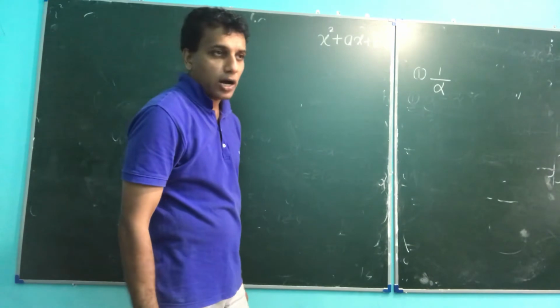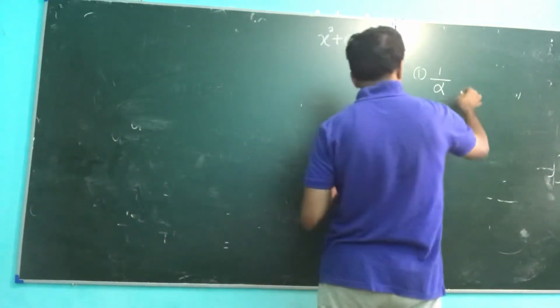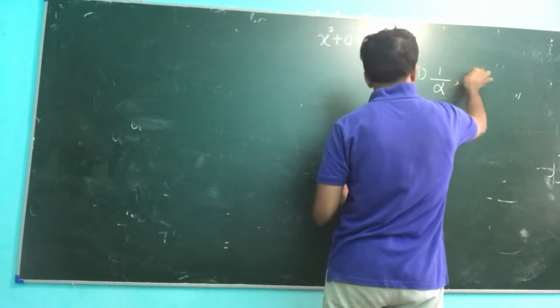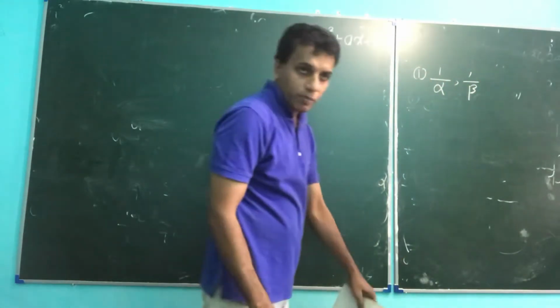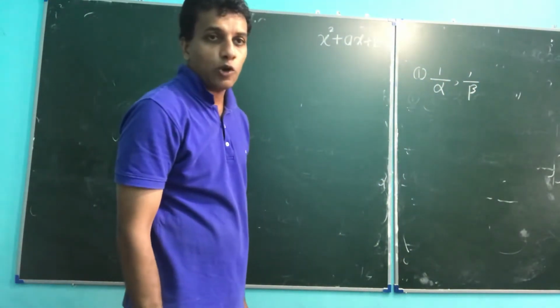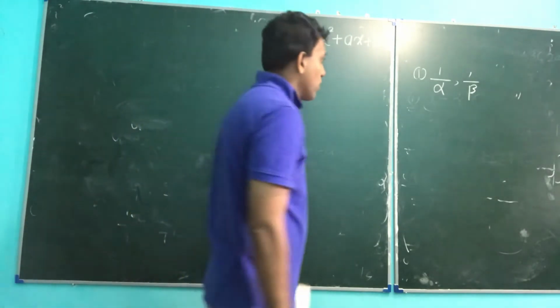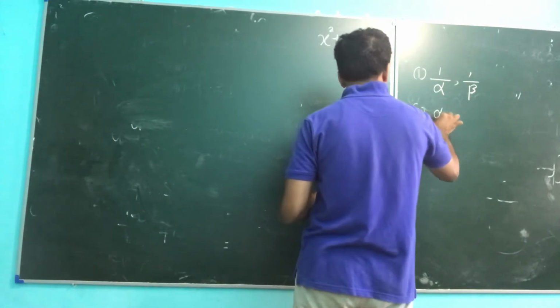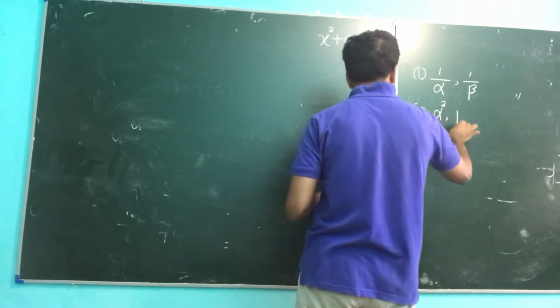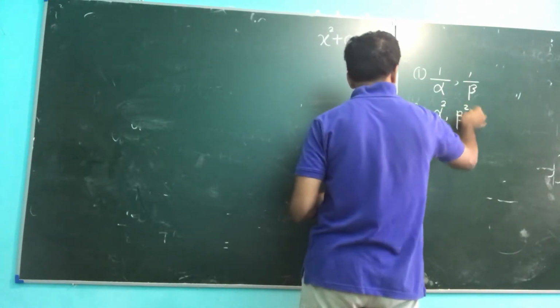Those roots are, write one by one below. First part: 1 over alpha and 1 over beta. Second one: alpha square and beta square.